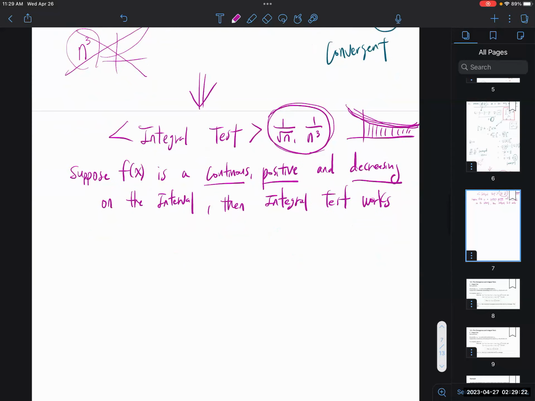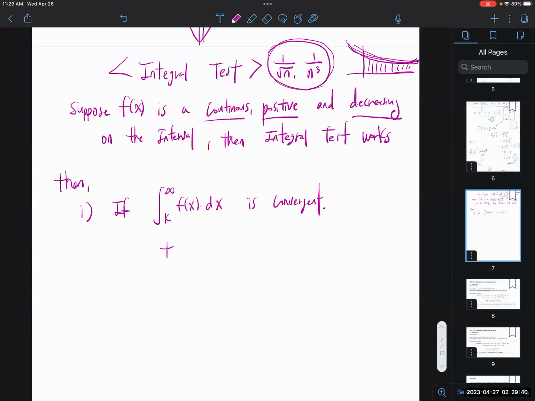If you satisfy this, then first, if you have the integral from k to infinity, let's say it is convergent, according to the squeeze theorem, then we know the series is also convergent.